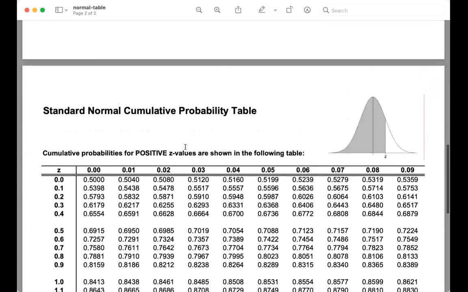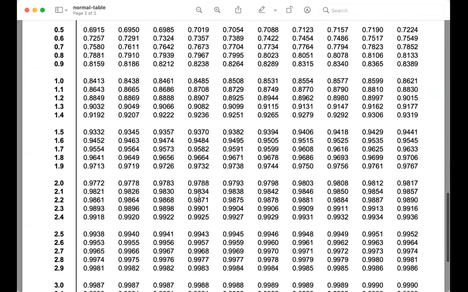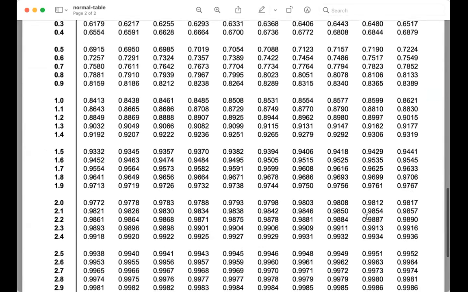So at 2.28, it's right here. So that is our value.